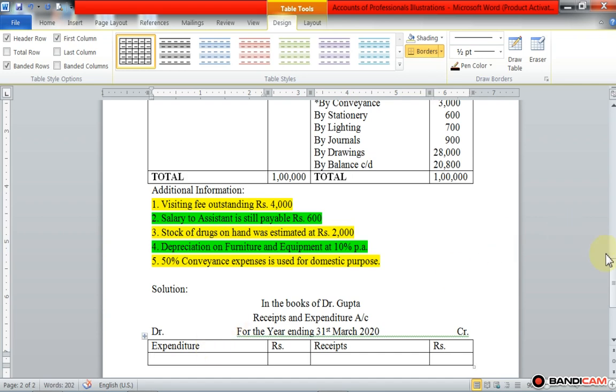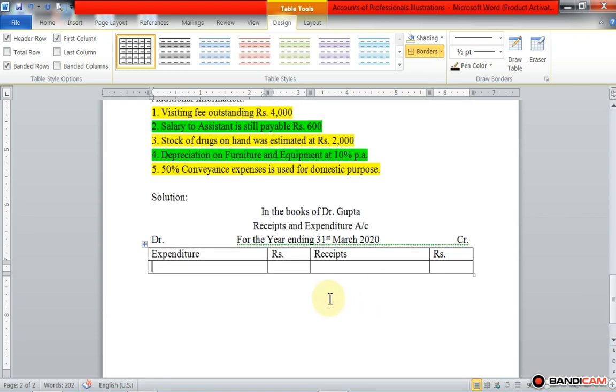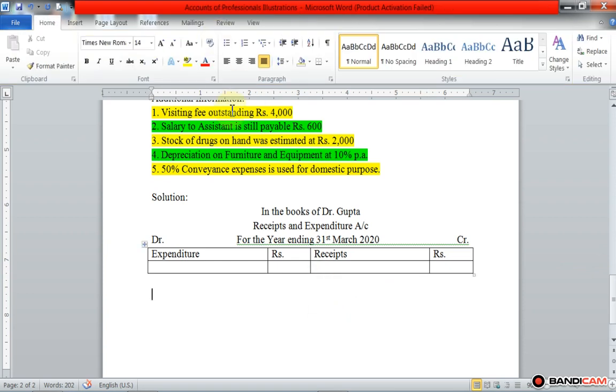The next statement is the balance sheet as on 31st March 2020.